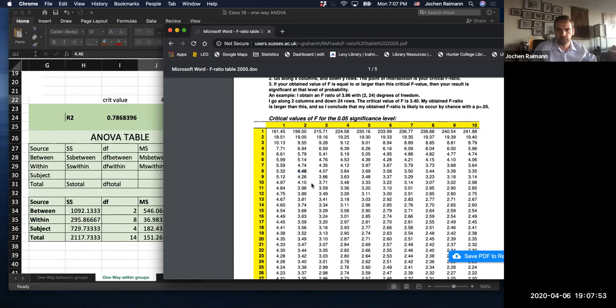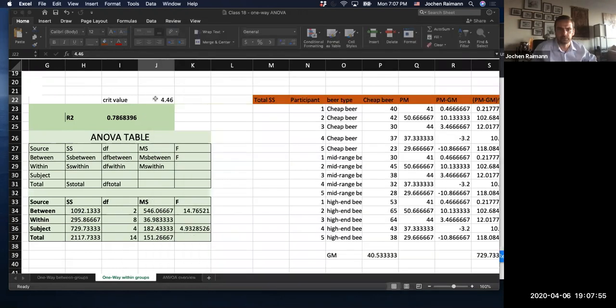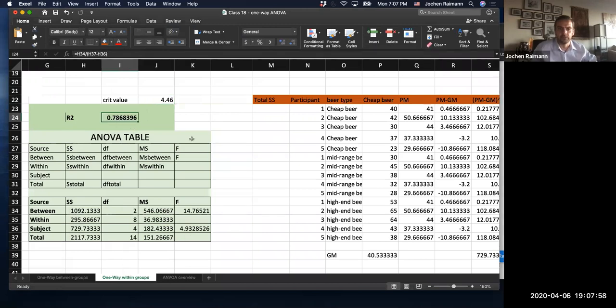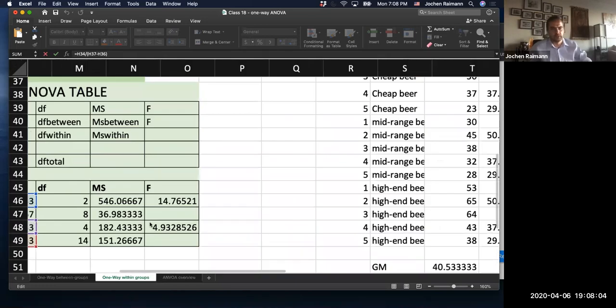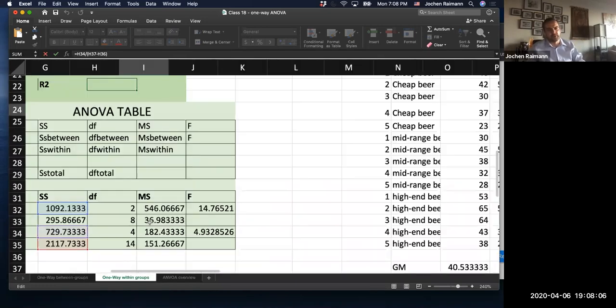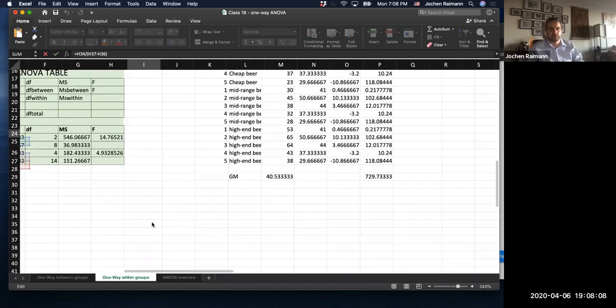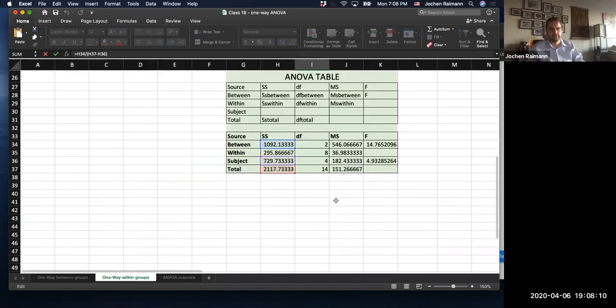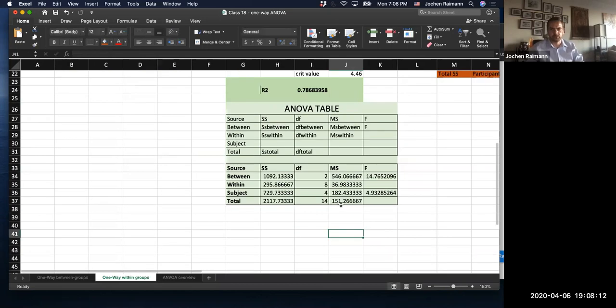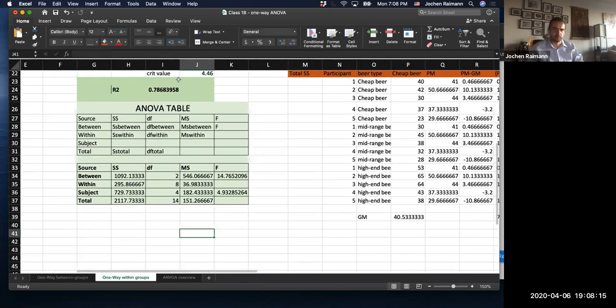So a critical value here is 4.46. Just like stated here. The R square is calculated as we know by the explained variability divided by the total variability.